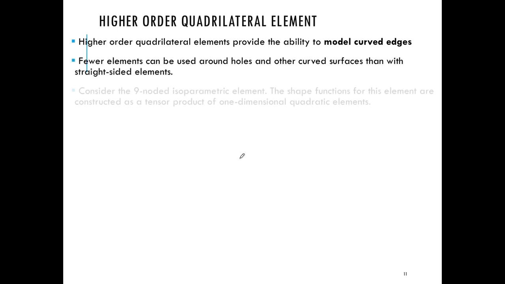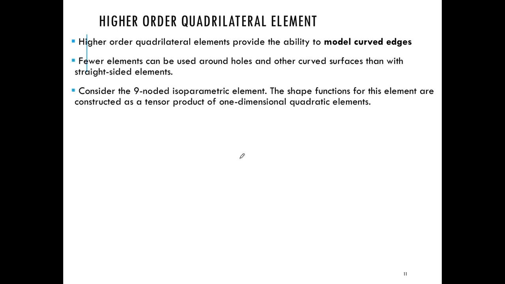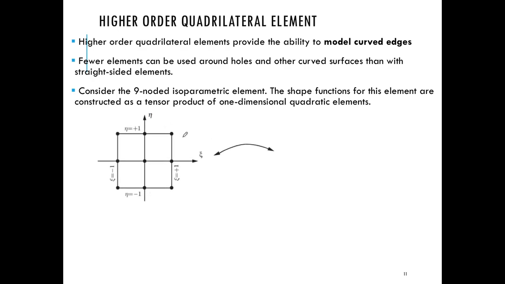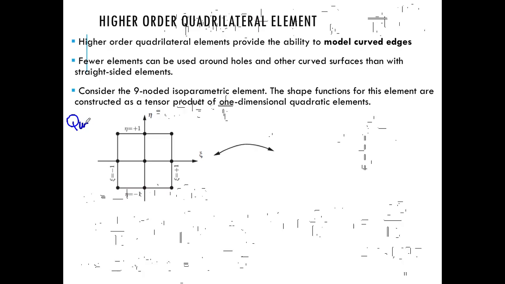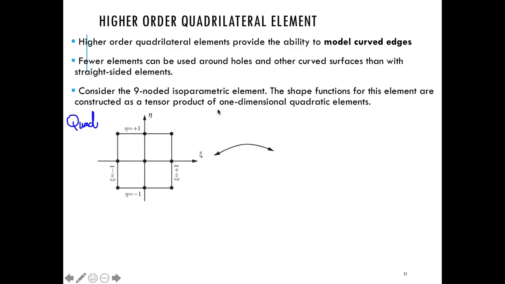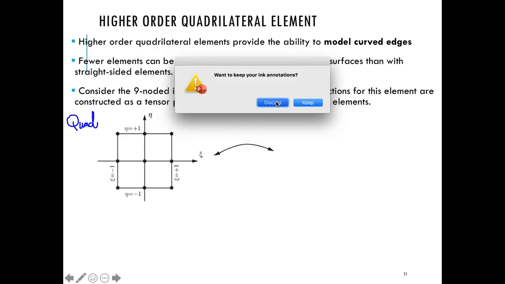So let's consider our 9-noded parent quadrilateral element. This is the same bi-unit square, but this time around the shape functions are actually quadratic. That is, they are going up to powers of 2, right? Please note, I'm not talking about a quadrilateral, I'm talking about the power that the shape functions are going up to.